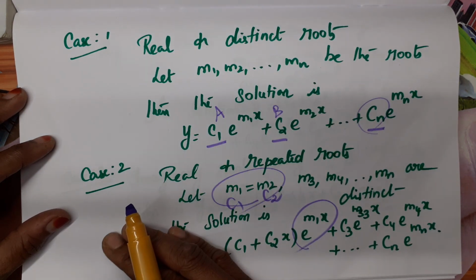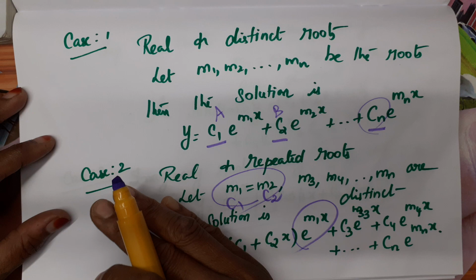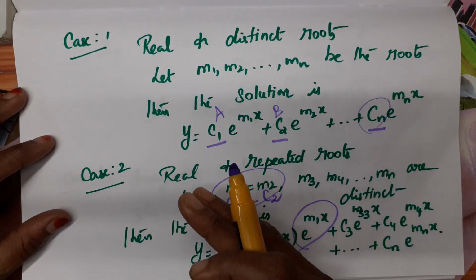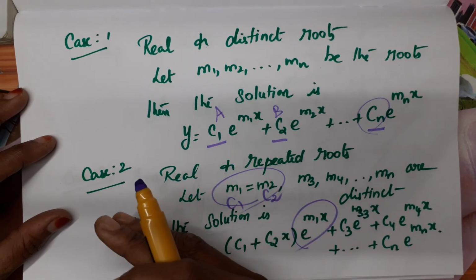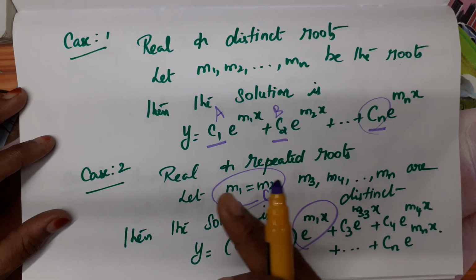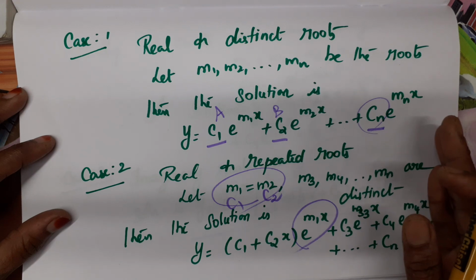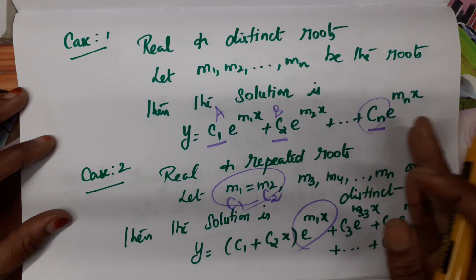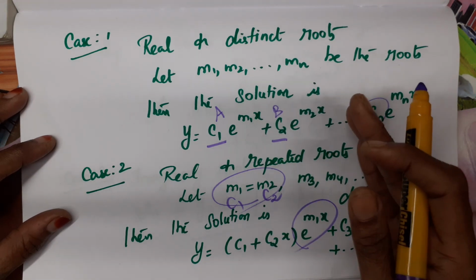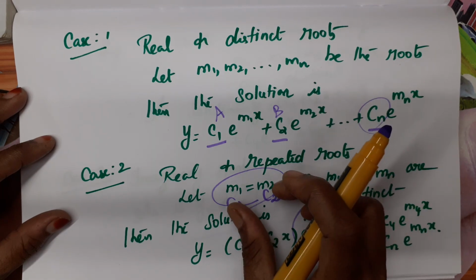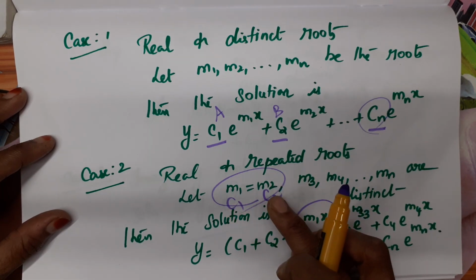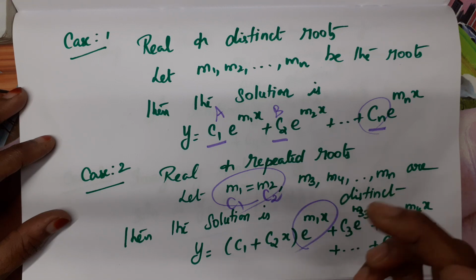The second case is all the roots are real but some roots are repeated. For example, if two roots are repeated, the first two roots I have taken as same, m1 and m2 are repeated. From the third root up to the nth root, all the roots are different. How to write the final solution? The first two roots are repeated, so we have to combine the first two constants together.